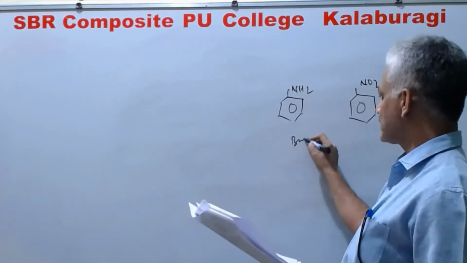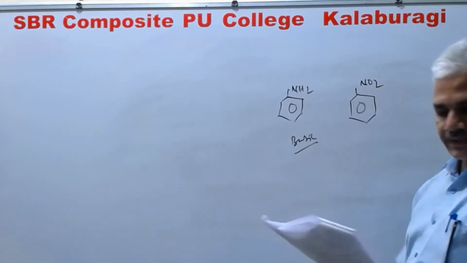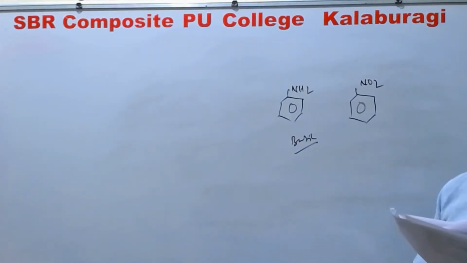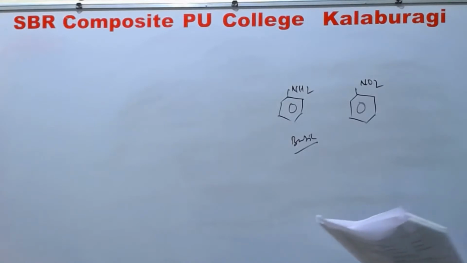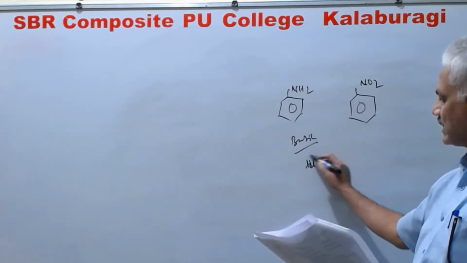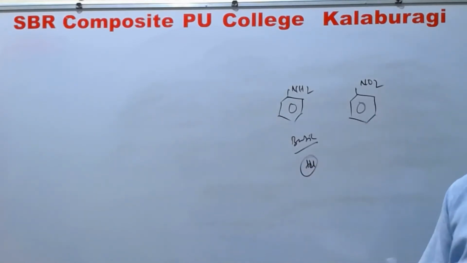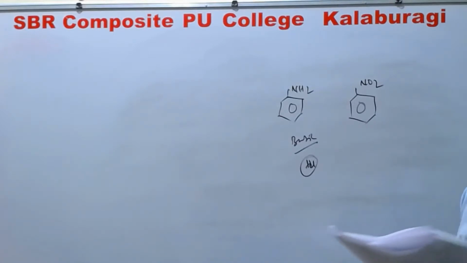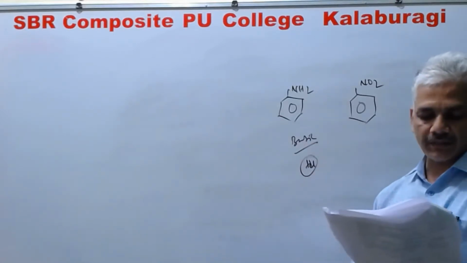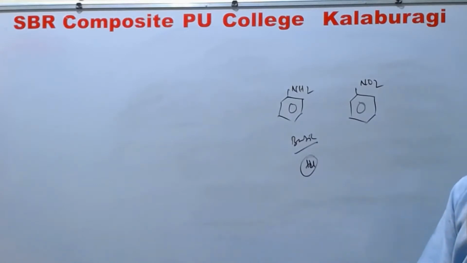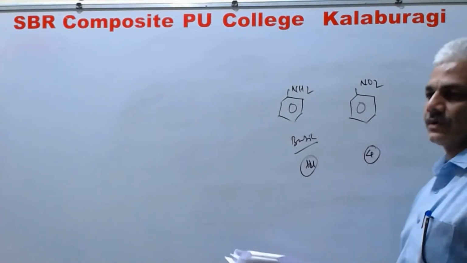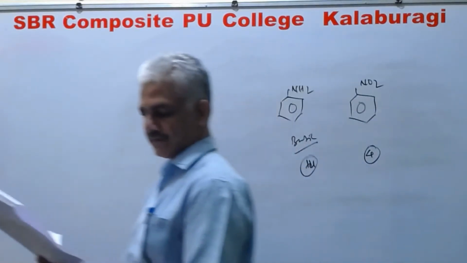Aniline is a basic compound, nitrobenzene is a neutral compound. So aniline can be dissolved in HCl, whereas nitrobenzene cannot be dissolved. Therefore, the mixture can be separated by making use of an aqueous solution of hydrochloric acid. So for the 45th question, you can go with the fourth option as the correct option.